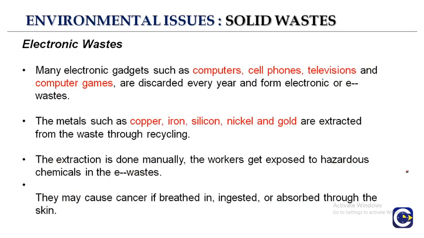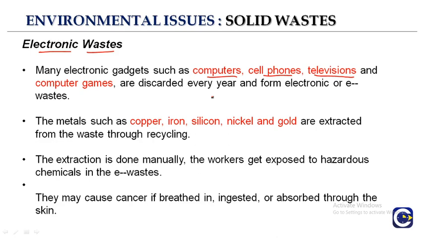So what is e-waste? E-waste is electronic waste. So many electronic gadgets like computers, cell phones, televisions and computer games are discarded every year because they're not working and everyone wants a new cell phone, computer, and these are forming electronic waste.